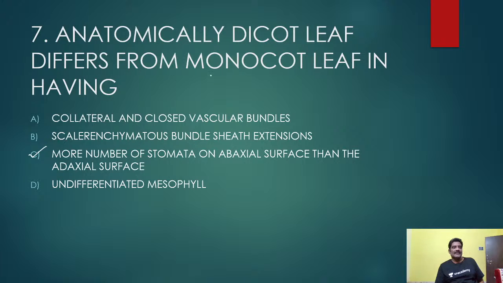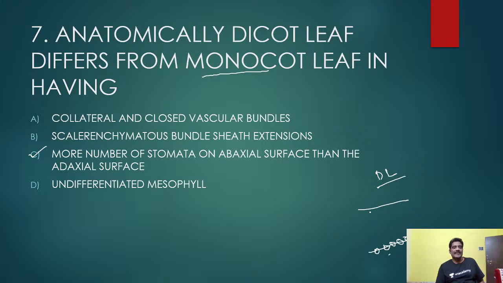So this is a monocot leaf and a dicot leaf. Here you see in the dicot leaf, there are two membranes, inner membrane and outer membrane. On the inner, abaxial side, more number of stomata are present than on the upper side, the upper epidermis.